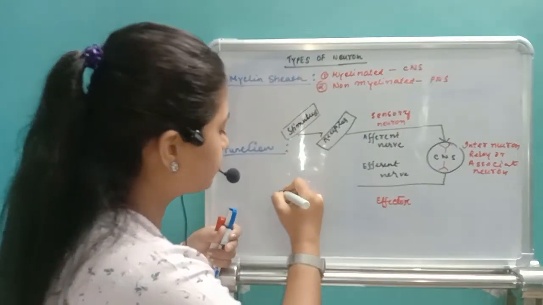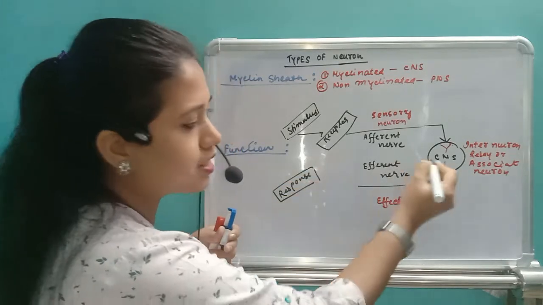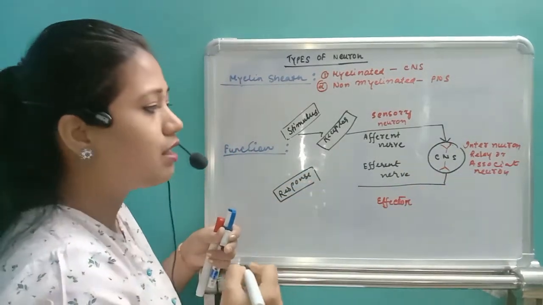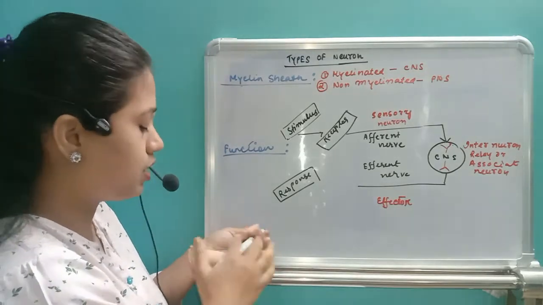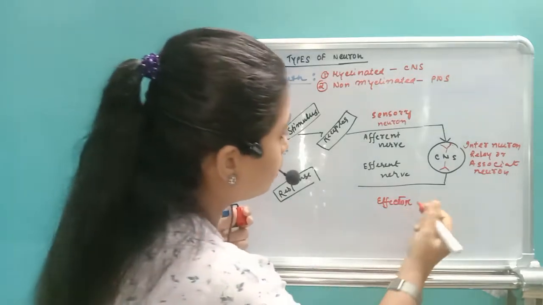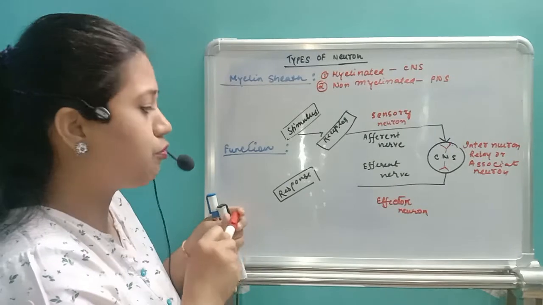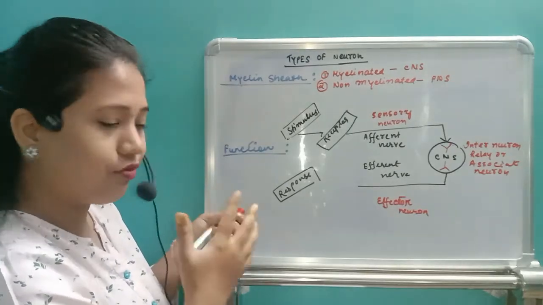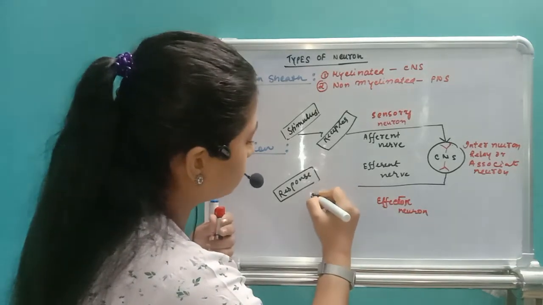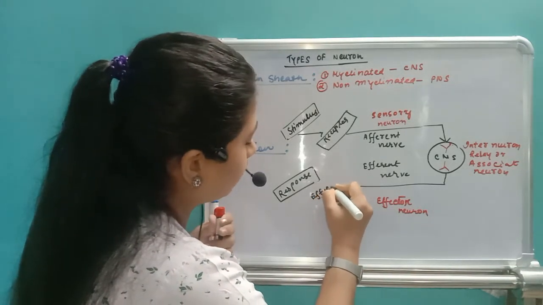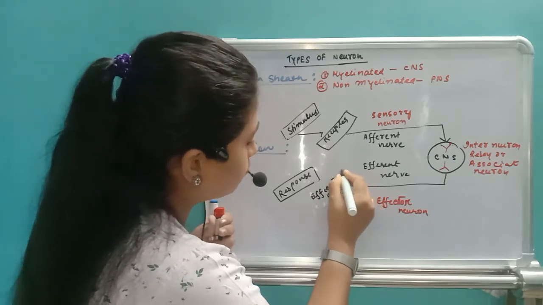So the response will be produced by the central nervous system via the efferent nerve, which is made up of a neuron that is called the effector neuron. So the effector neuron will take this response via the efferent nerve to the effector organ, which is going to produce the response.